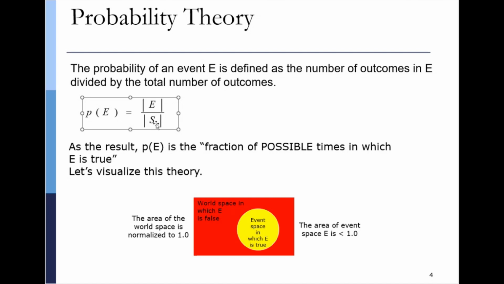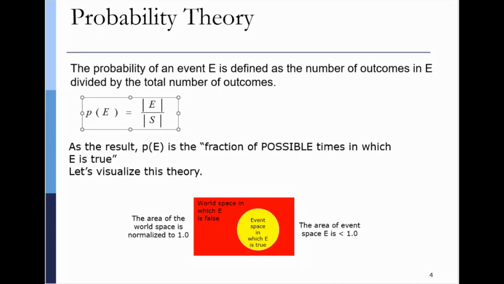And E is the expected number of times, the expected one that gives you the correct outcome. Expected over the sum. So P(E) is the fraction of possible times in which E is true. Okay, let's visualize this theory.